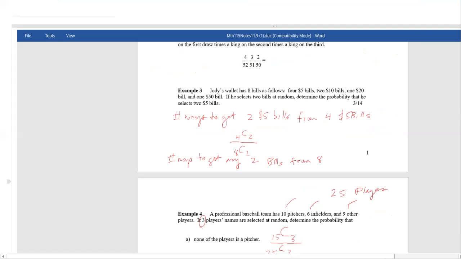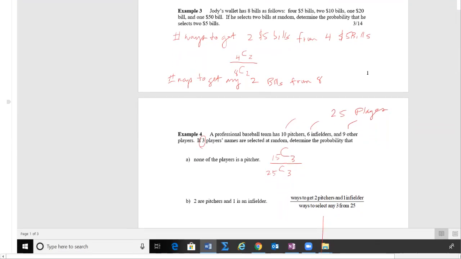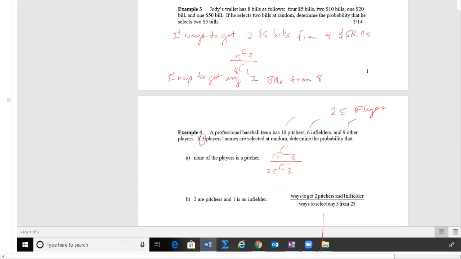Okay, here we are on our next one. Jordy's wallet. Okay, now here's how this works. It has 8 bills, a different arrangement of bills here, a collection of bills. How many ways could they get if they pull out 2 bills? What's the probability that the 2 bills will be both $5 bills?